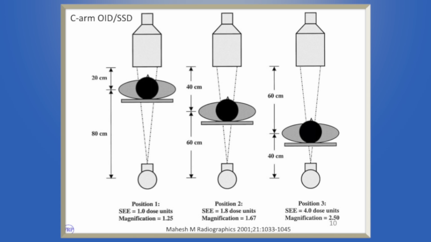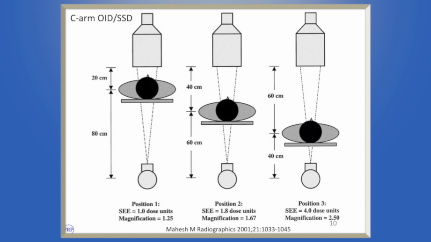But when you increase the OID and you decrease the SSD, so you change the OID to now 40, it's doubled, and you decrease the SSD to 60, what happens then is your dose increases to 1.8 dose units and you get a magnification of 1.67.